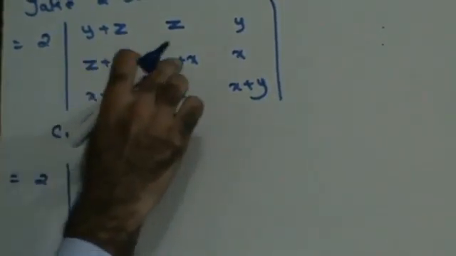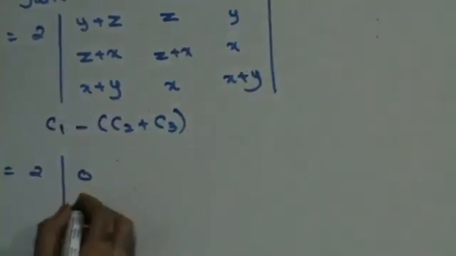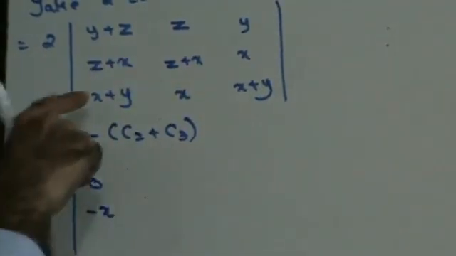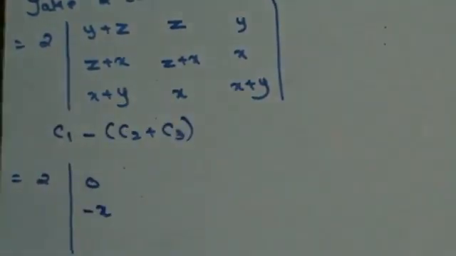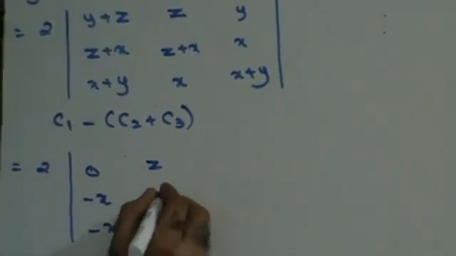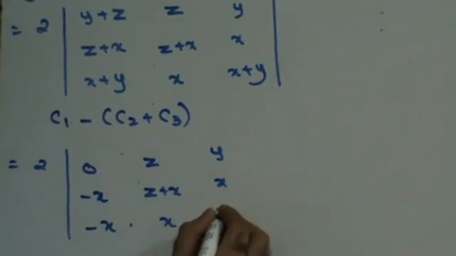Then z plus x minus z plus x minus x. This will give you minus x, because these will cancel. Then x plus y minus x minus y, so this will give you minus x again. The remaining columns stay: z, z plus x, x, y, x, x plus y.